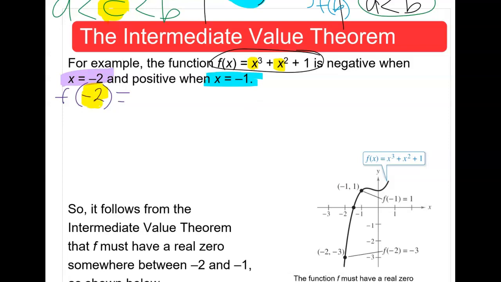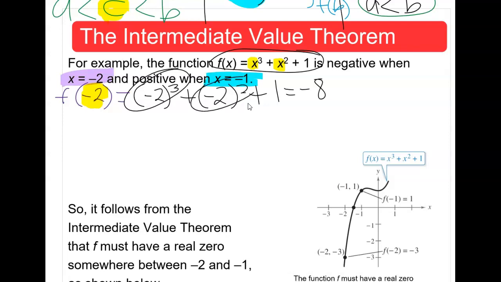So I'm going to do that: -2 to the power 3, then -2 to the power 2, and notice how I'm putting them in parentheses. That's very important. Now simplify it. -2 to the power 3 is -8, -2 to the power 2 is +4, and then we have a +1.